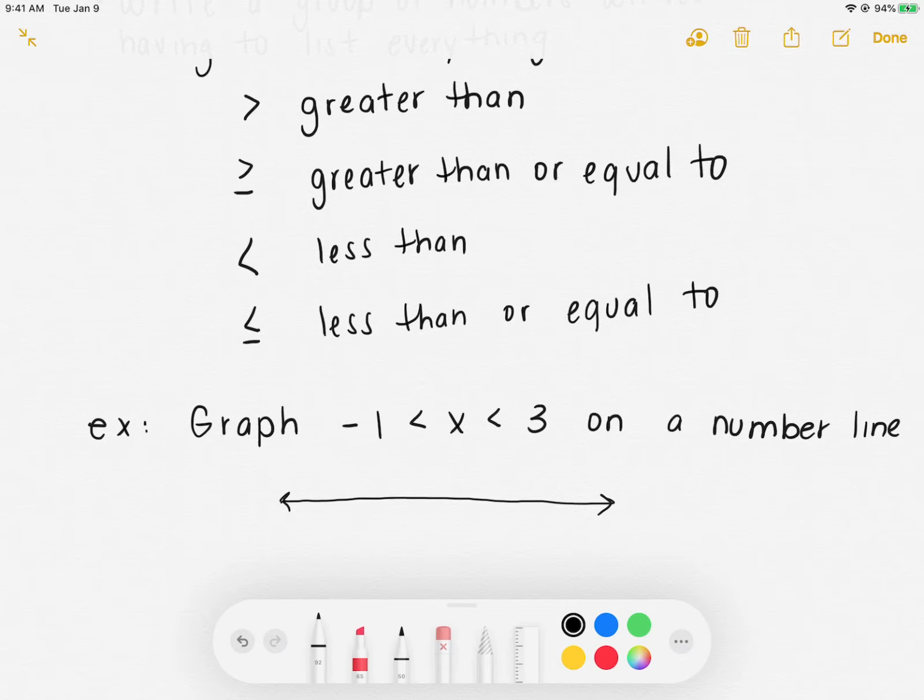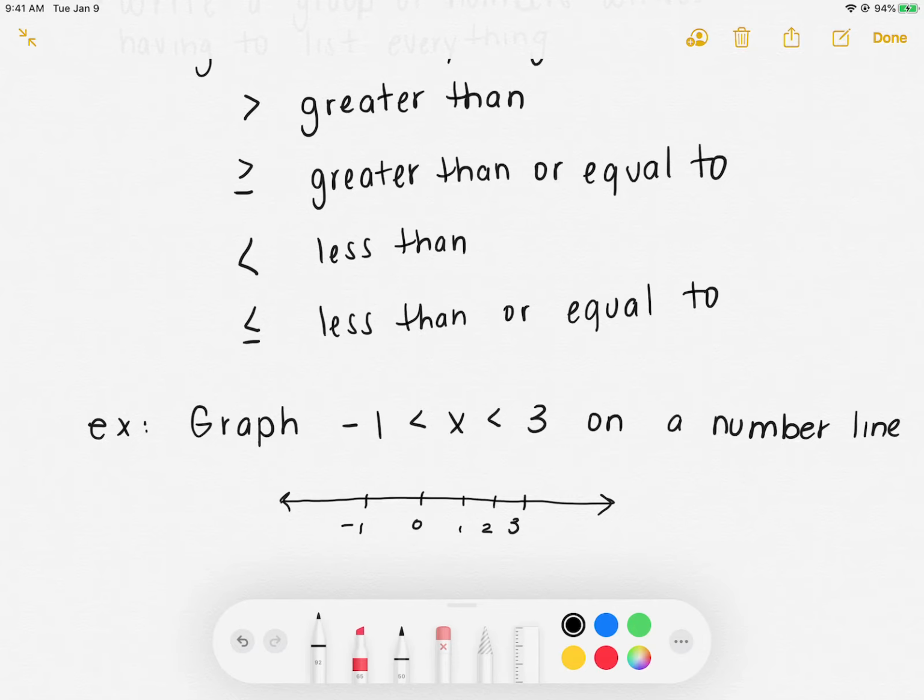Just for reference, I'm going to put 0 in the middle. Then I know I need a -1 on here, and I need a 3. If you want, you can put all the numbers in between, but you don't have to. I'm hoping at this point in your math career you know that 1 and 2 are between 0 and 3.